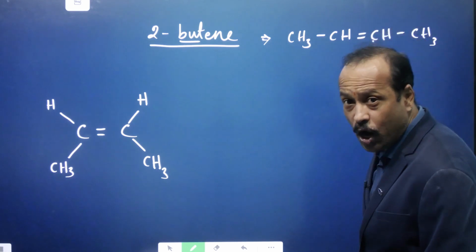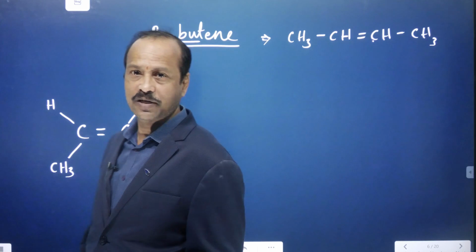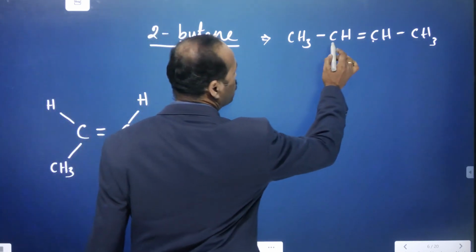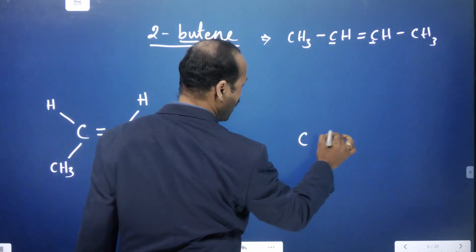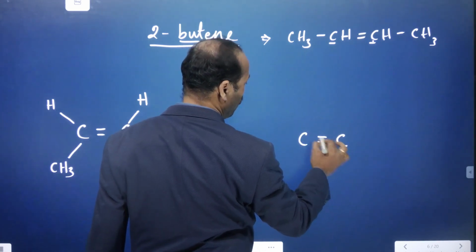Now, once again I am writing the structure of the same one. First I take the 2 carbons, this carbon and this carbon. In between the 2 carbons there is a double bond, so I am putting the double bond.